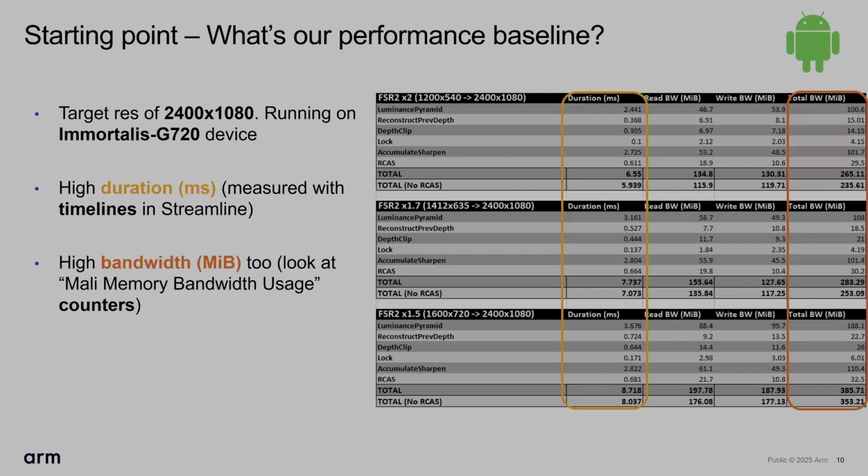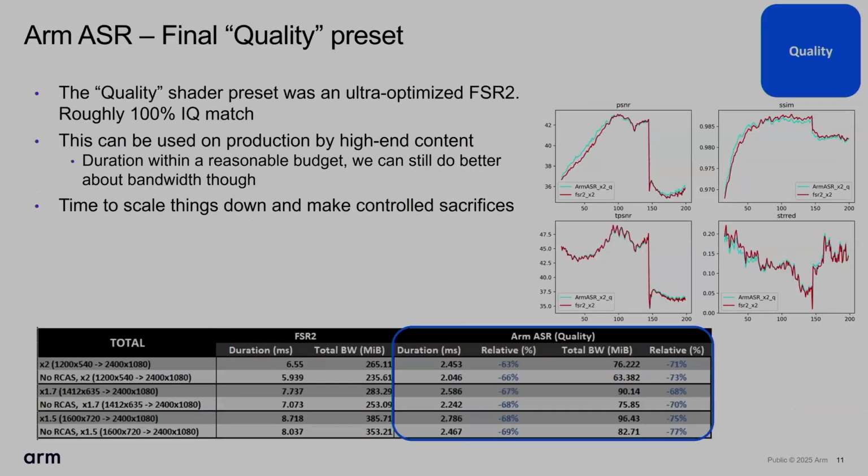And looking at the bandwidth, that's definitely out of the budget that you have in a frame on mobile as well. So we needed to do something about both of these. This was definitely not in a production state. It's a really good upscaler when it comes to the image quality, but on mobile, it wasn't designed nor optimized for mobile.